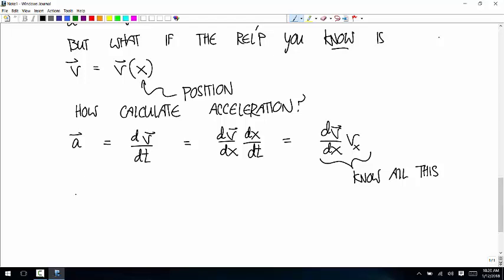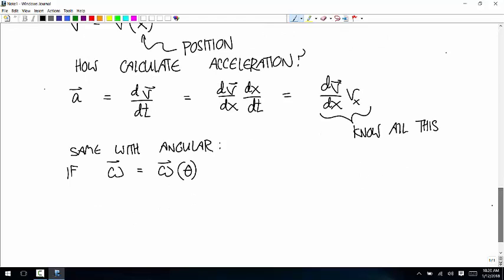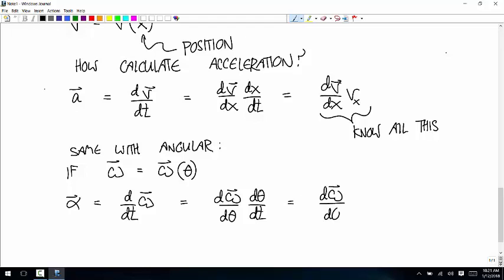It works with angular quantities too. If the angular velocity is given as a function of, say, some angular position, the angular acceleration is d/dt of the angular velocity, which is d omega/d theta times d theta/dt, and that's equal to d omega/d theta times some component of the angular velocity, and we know all that.